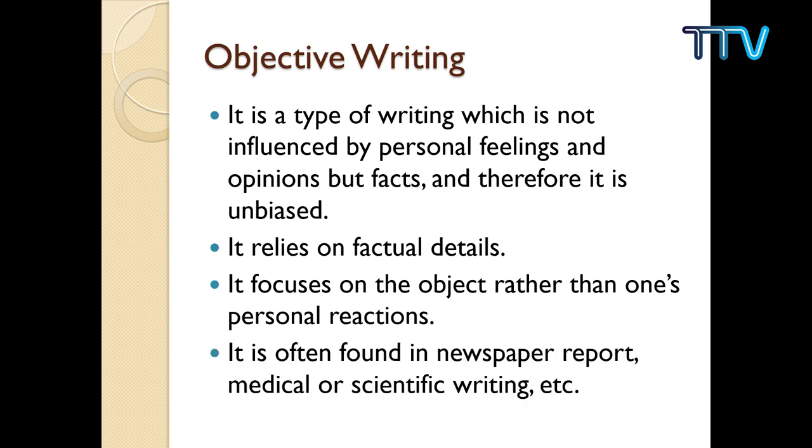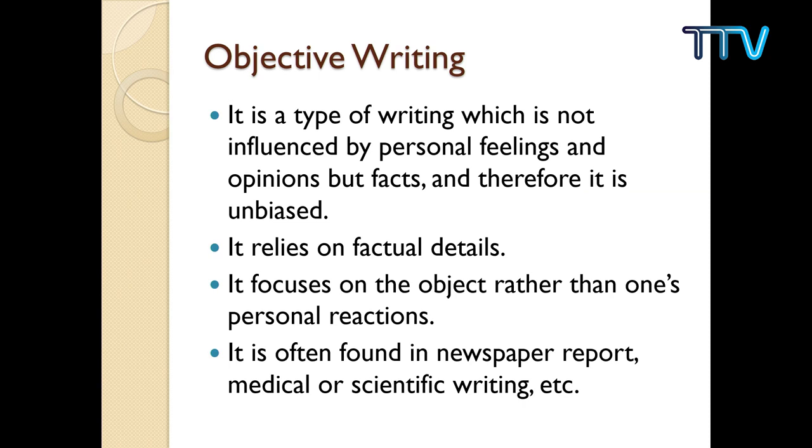It is often found in newspaper reports. You see in newspaper reports all the facts are given. During such and such day this sort of incident happened. You don't form any personal connection, or you don't talk about any emotions. You just state the fact, you just state the event that happened, isn't it? And then you have medical and scientific writing. Some sort of writing in which you talk about health.